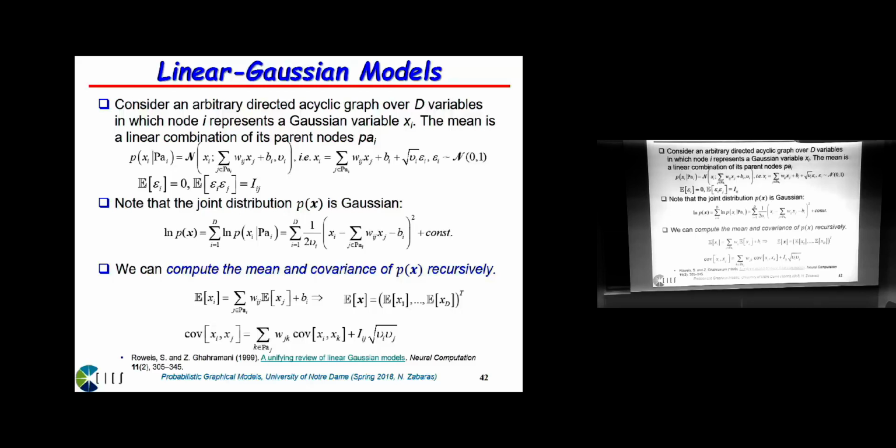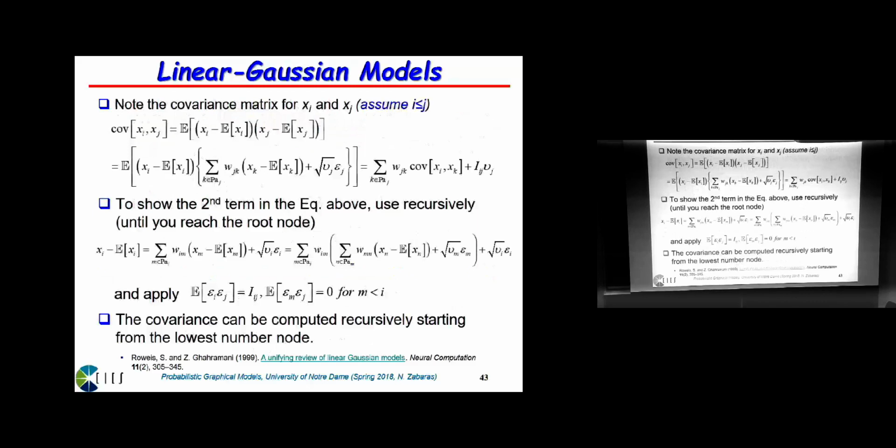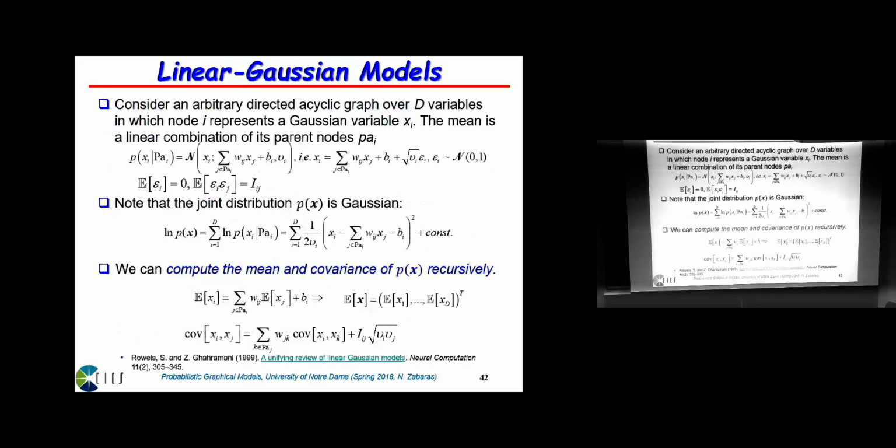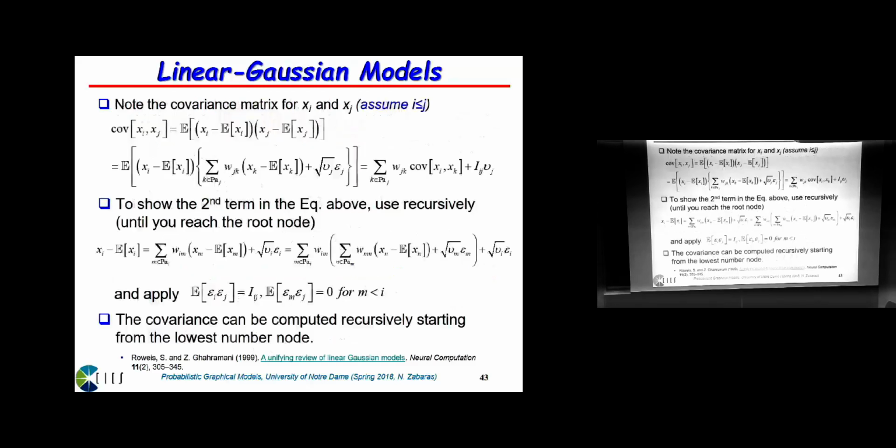Okay. If you want to prove it, the covariance of xi and xj by definition is the expectation of xi minus the mean of xi, times xj minus the mean of xj. I'm using this linear starting point that I had there, subtracting the means of xi and xj, and substituting, and it takes this form, where k is a parent of j.